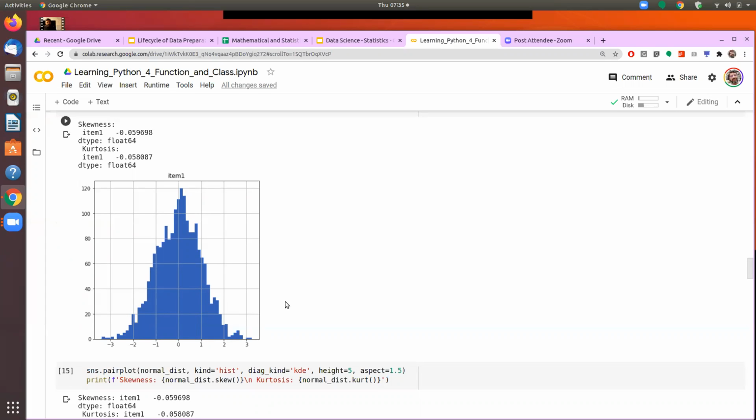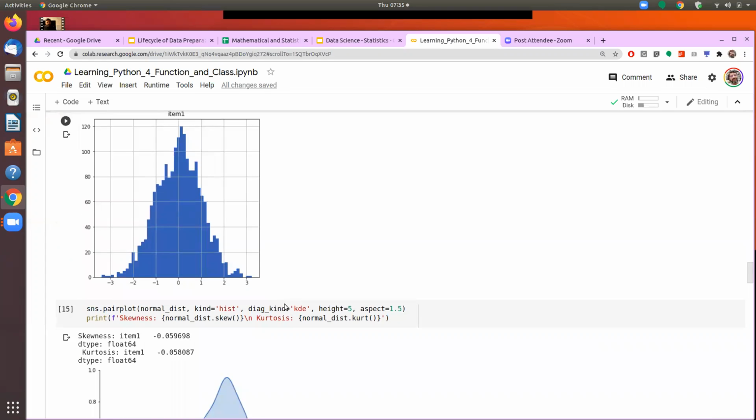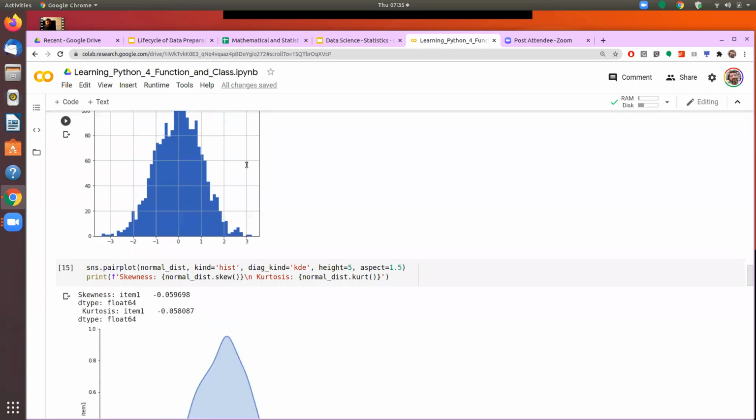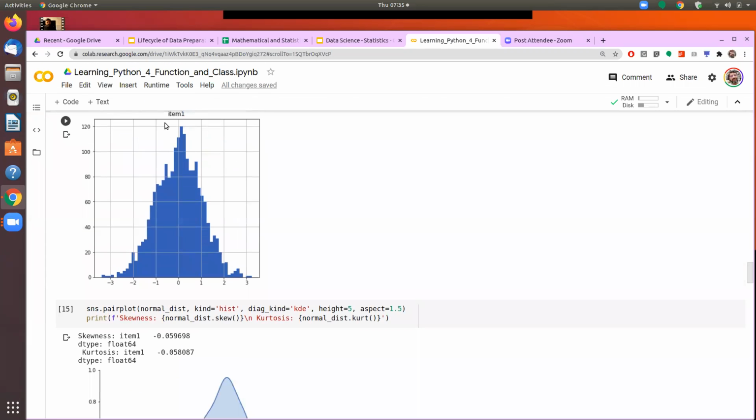Let me draw a smoother curve using this data. So the same data will become like this. I am using a smoothing factor here. So both of these, you see, are very symmetrical around the mean. And in this case, if the data is symmetrical, you will find that the mean and median will be almost the same.